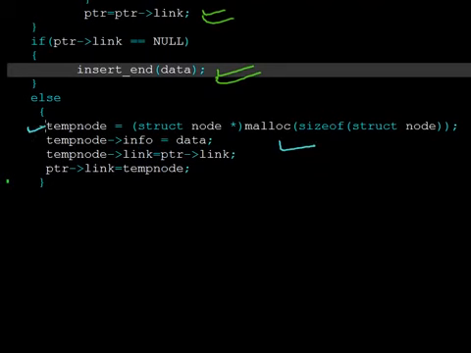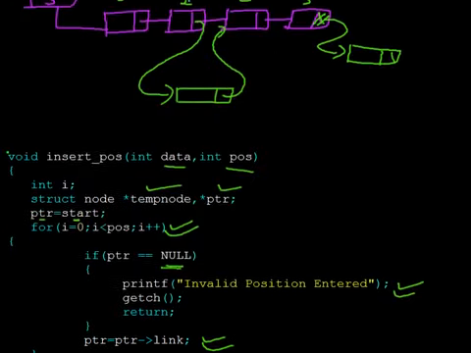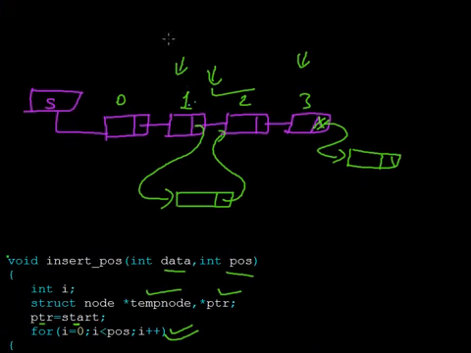We will create a temp node, we will write the data into the info part of this temp node, and then we will write the ptr's link part into the temp node's link part. What is the case? This is ptr.